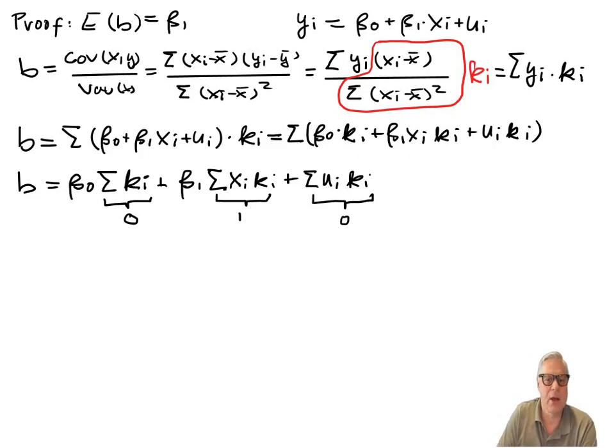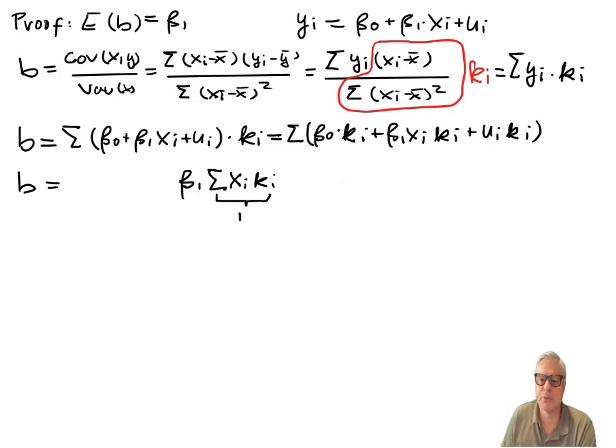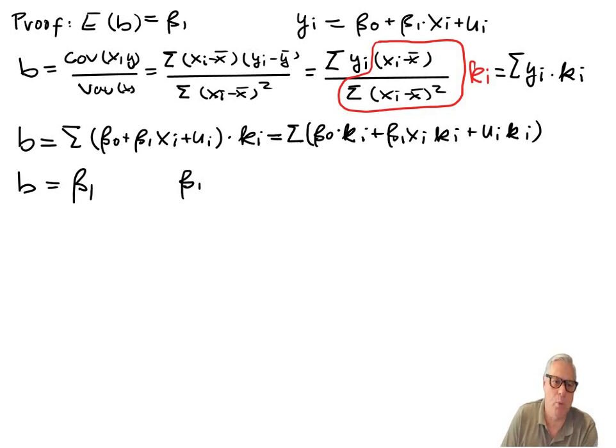Okay, so now we know that the first term evaluates to 0, the final term evaluates to 0, and the sum of xi times ki evaluates to 1. So we can see that b can be expected to be beta 1.